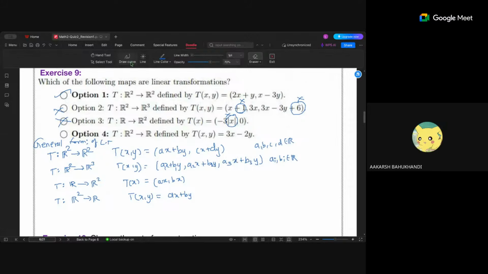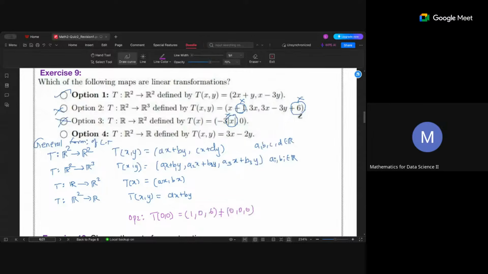The traditional way to do this is to see T of 0. For example, option 2. What is T of (0,0)? It gives (1,3,1,0,6), which is not the zero vector. So you see that it is not a linear transformation. This is one way you can check.